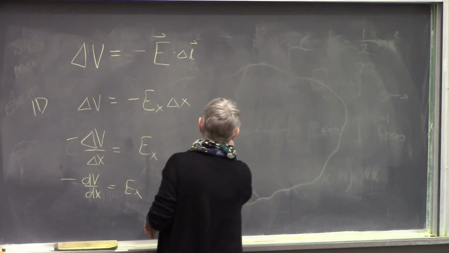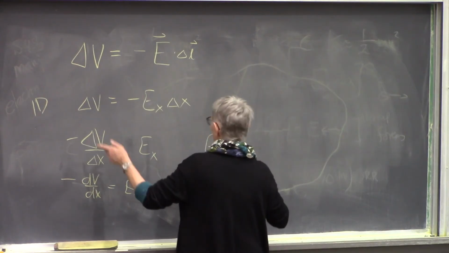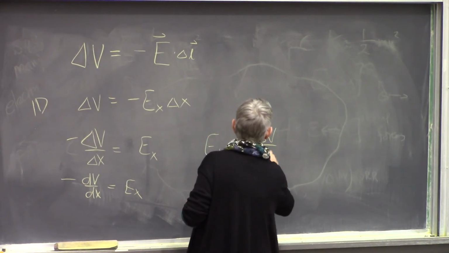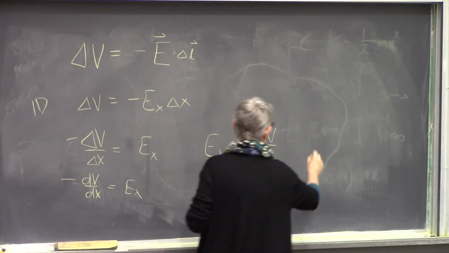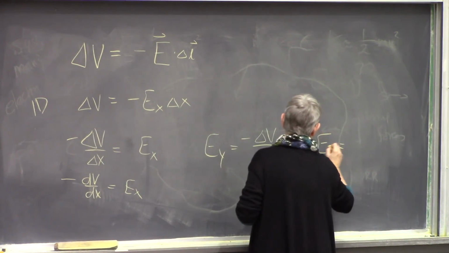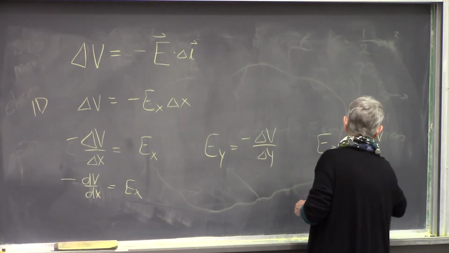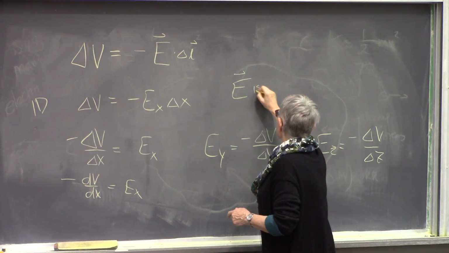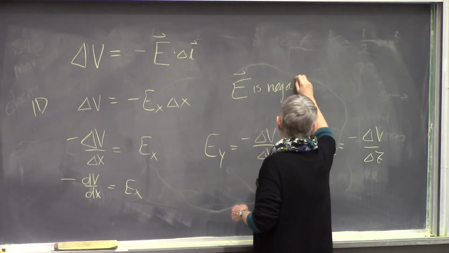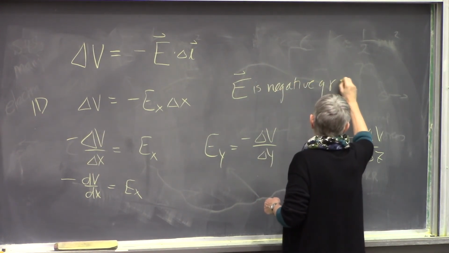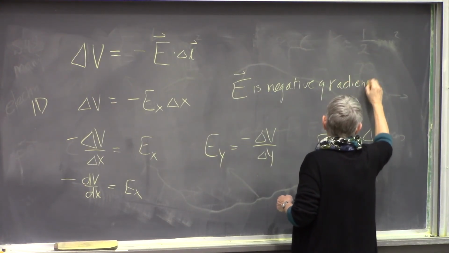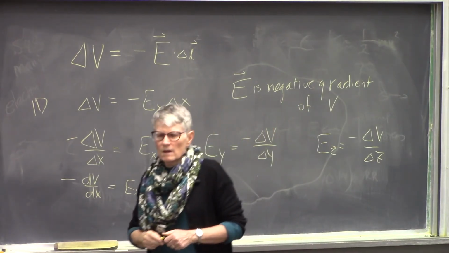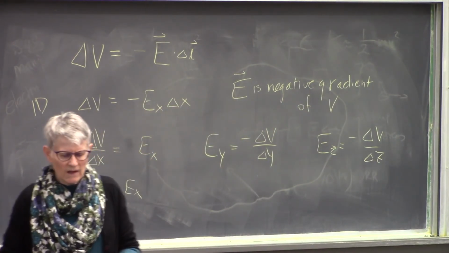And of course E sub y would be minus delta V over delta Y.